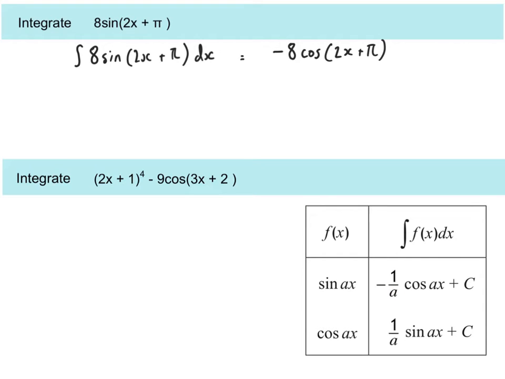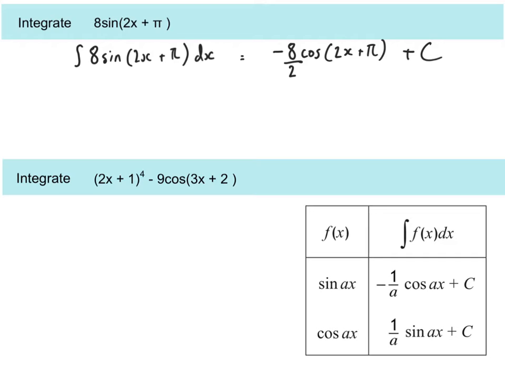So I'm going to have to divide by 2. The plus pi has no impact on the integration whatsoever. I just integrate it as though it was 8 sine 2x. I just need to remember to have the plus pi in the brackets there. I also need to remember every time plus c.